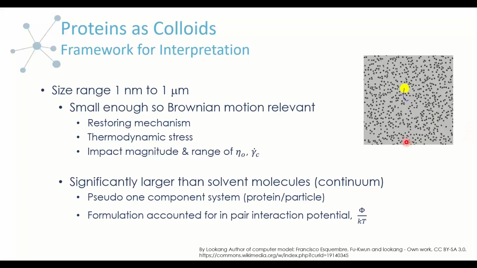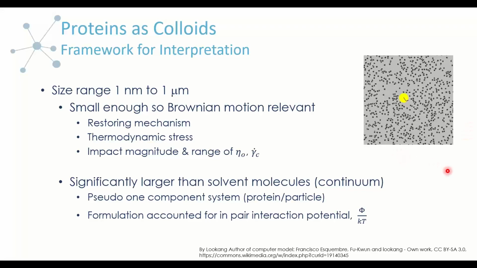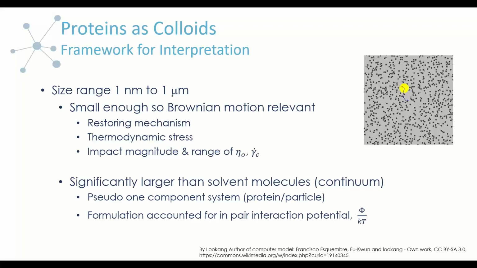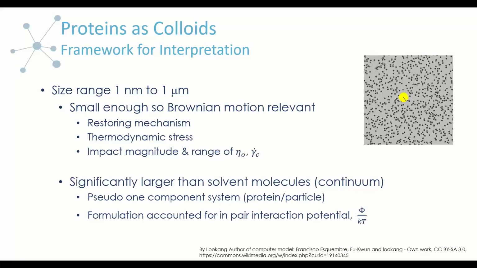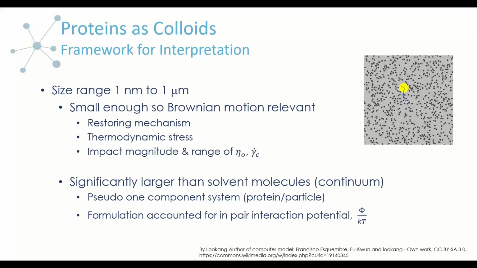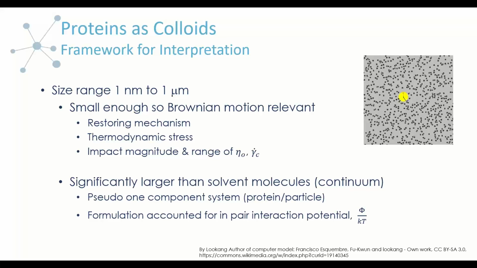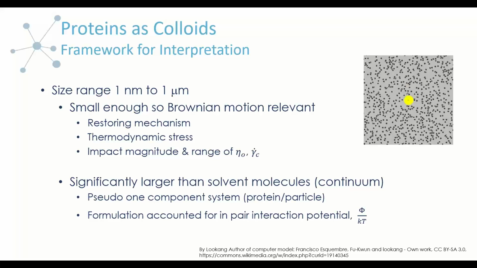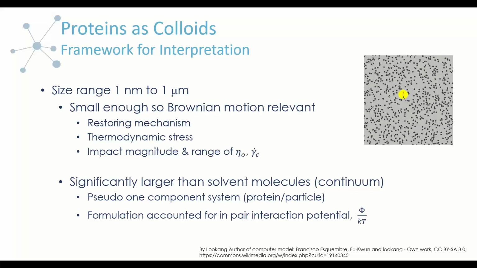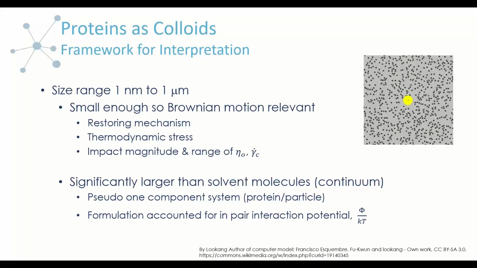In our case, since proteins are significantly larger than the solvent molecules on the continuum, so our solvent here is water or buffer, we can call this a pseudo one-component system, just the protein particle floating around, not interacting with these teeny tiny small water molecules.